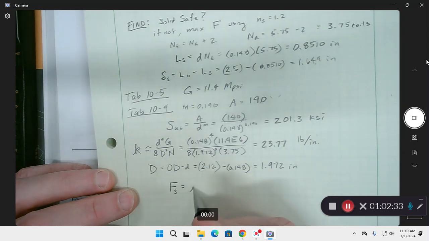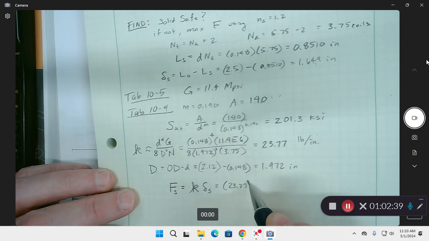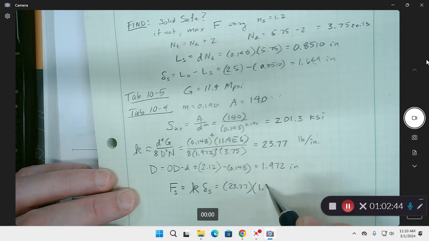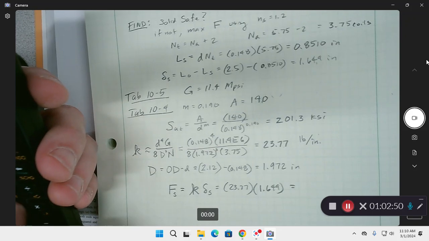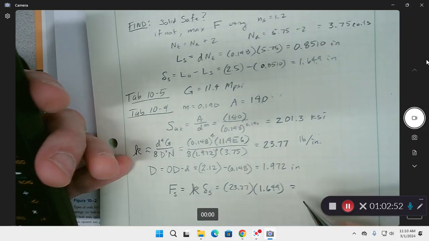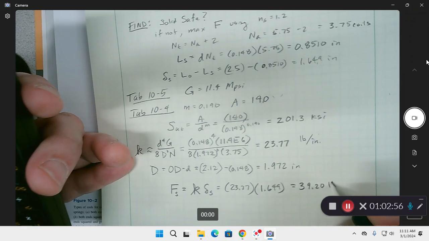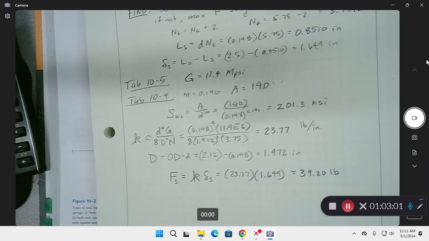It's going to be equal to K times del to make it solid, or 23.77 times 1.649. Boom. And so that should be 39.2 pounds. And now we got to find out what stress that is.